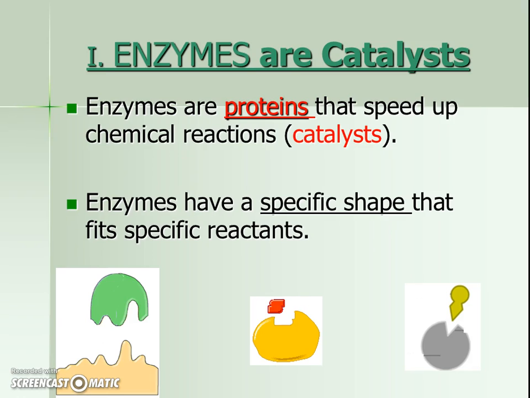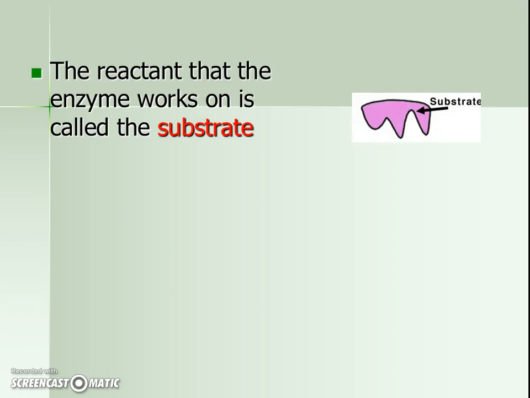All right, let's get talking about how this works. Some of this you might need to pause and draw some visuals coming up. Not quite yet, okay? So, an enzyme works on a reactant, okay? And that reactant that it works on, or does a reaction on, is called a substrate, okay?